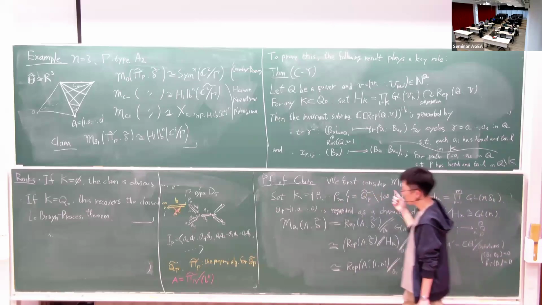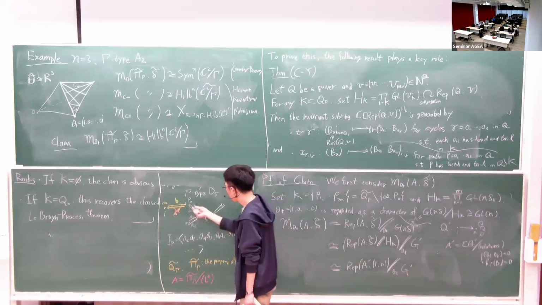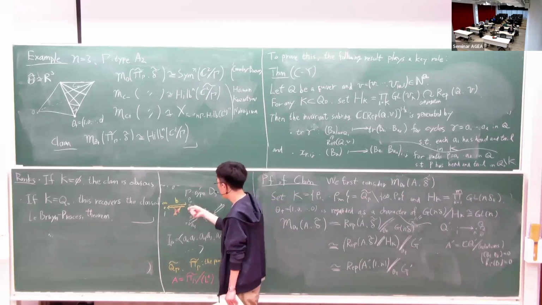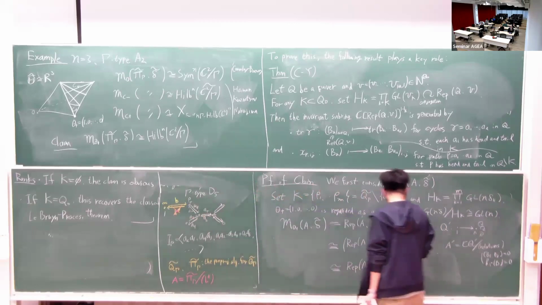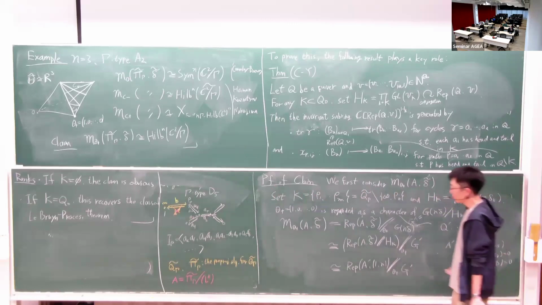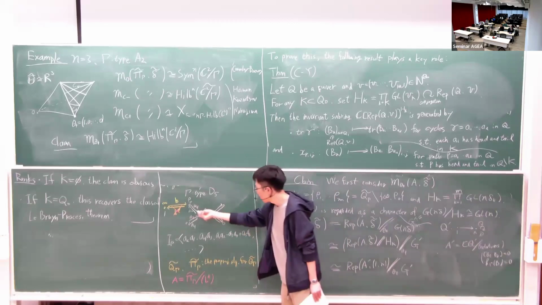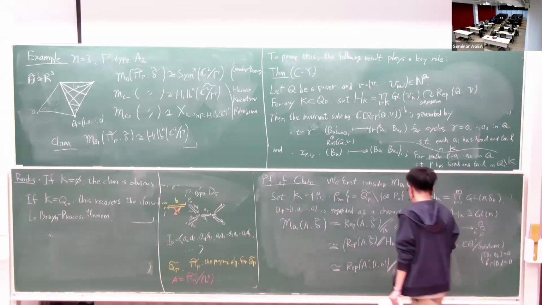As I mentioned earlier, the only cycles starting from this vertex come from the cycles on the right-hand side.